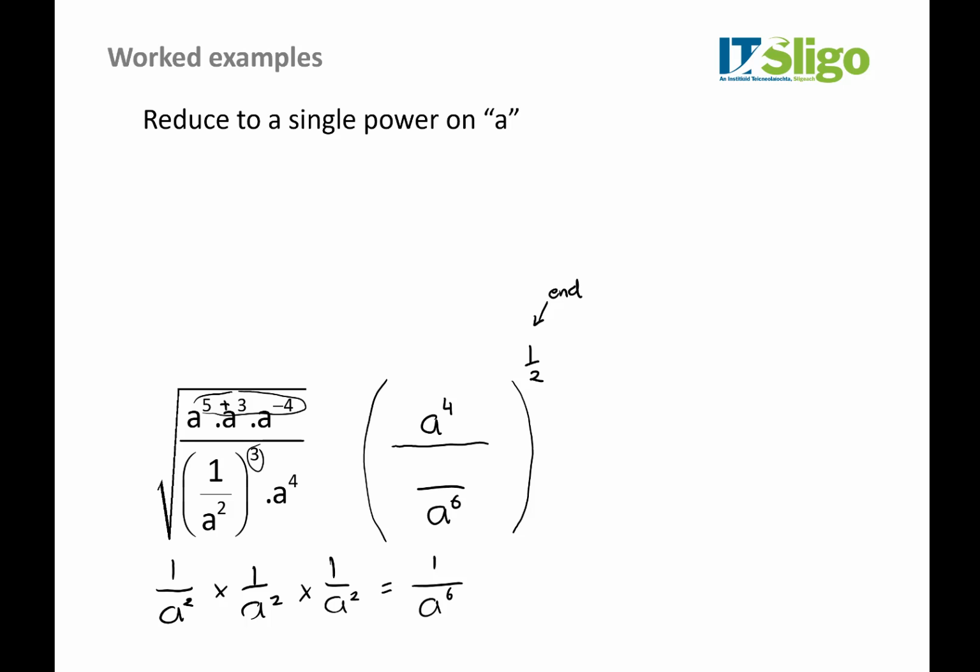And then, guys, when I multiply this by a to the power of 4, that'll give me a to the power of 4 there. I hope that makes sense. So that's the first bit, and then I multiply it by this bit. Just tidy this up a little bit.